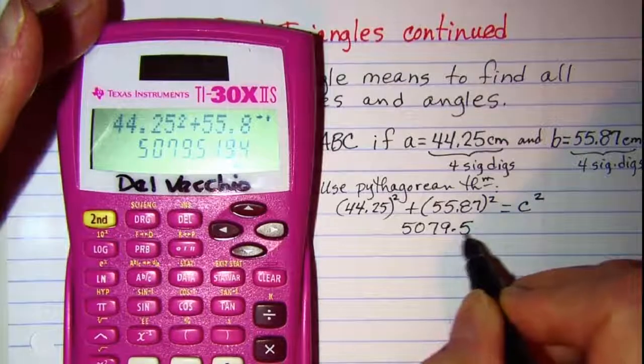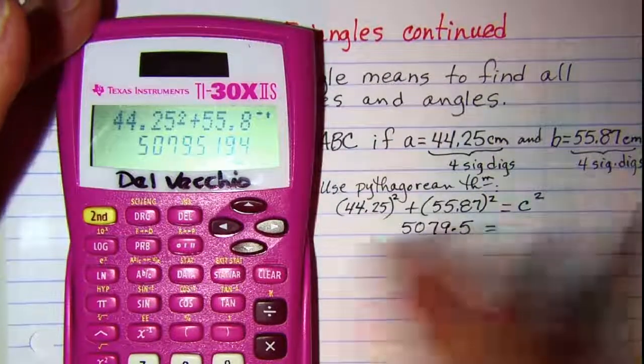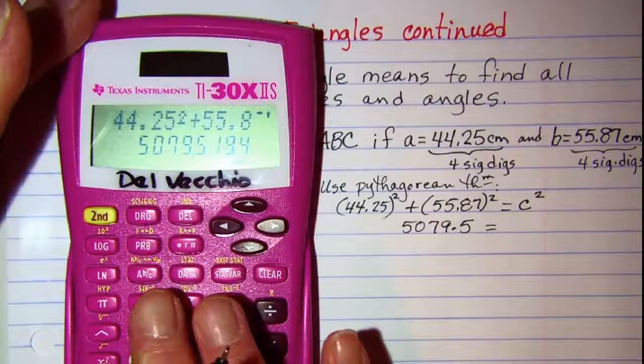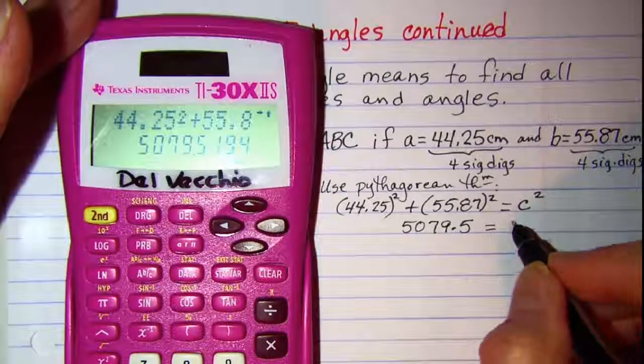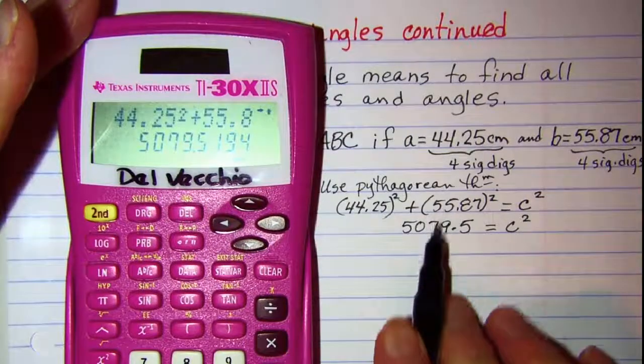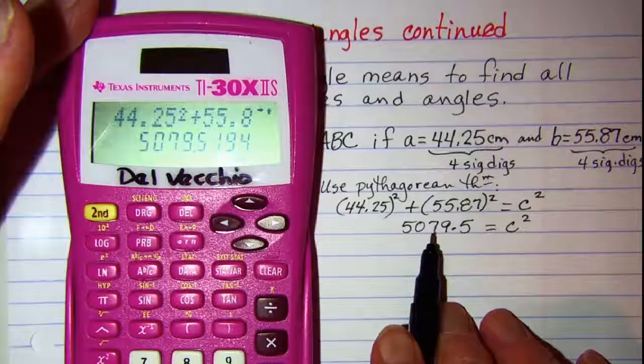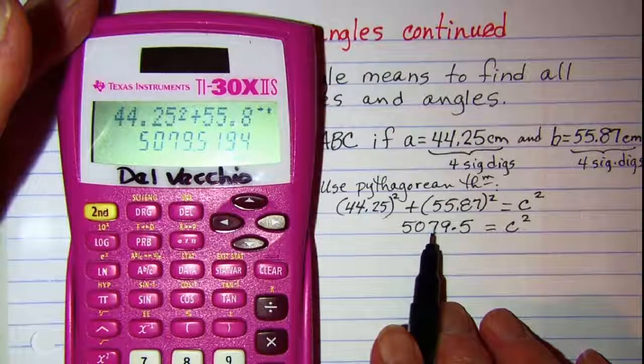And I don't need to worry about significant digits here because I'm going to keep my number in the calculator. Don't clear it out. I just wrote this down to give me a middle point to check, just in case I have an error.